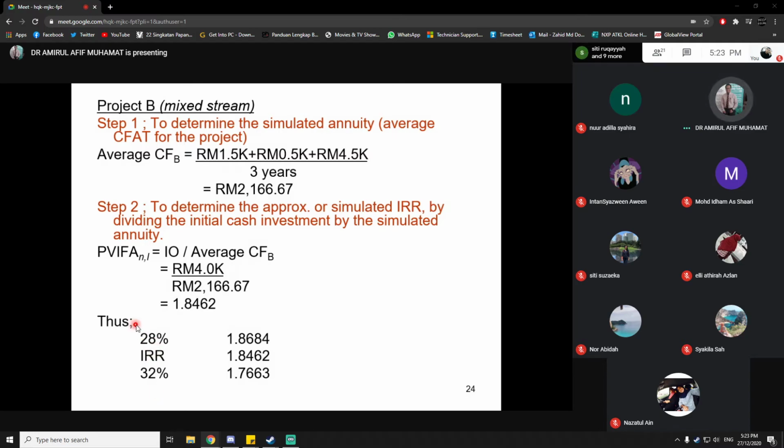The factor before 1.8462 is 1.7663. The factor after 1.8462, your benchmark, is 1.8684.